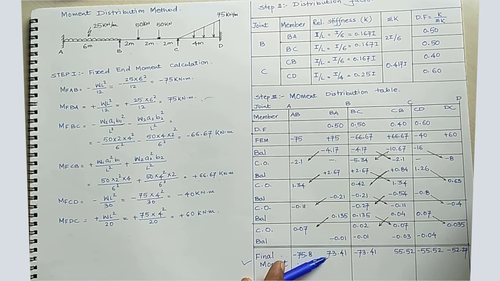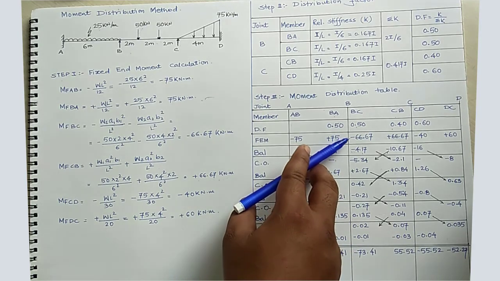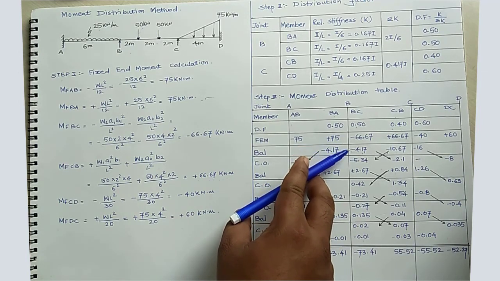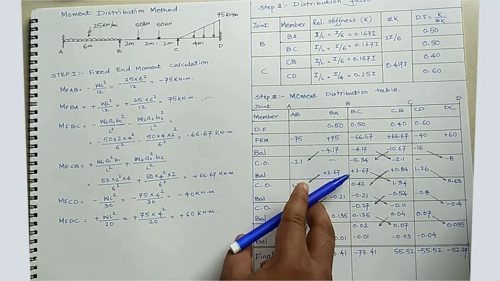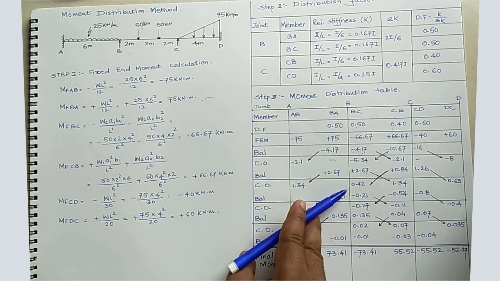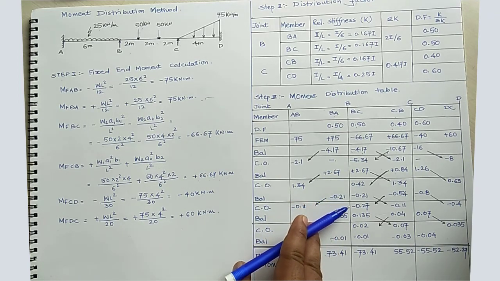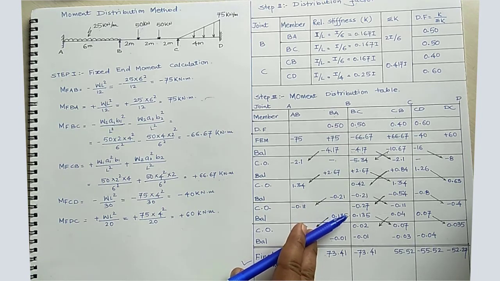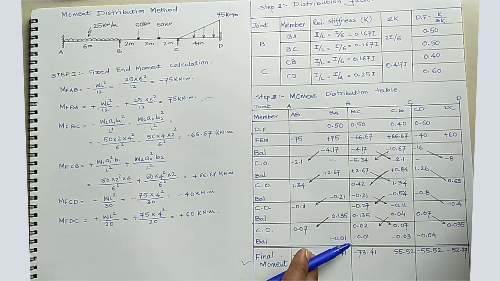Whatever value we get for BA, the same value with the opposite sign must come for the BC member. So if you sum these values, minus 66.67 minus 4.17 minus 5.34 plus 2.67 plus 0.42 minus 0.21 minus 0.27 plus 0.135 plus 0.02 minus 0.01, the value will be equal to minus 73.41.